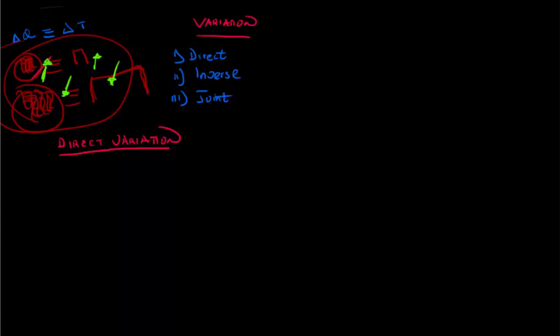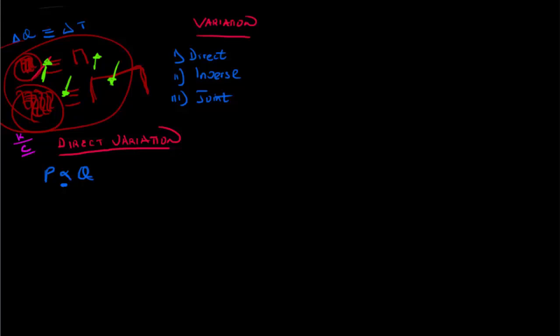To turn that statement into a mathematical expression, we'll have P ∝ Q. This symbol in the middle is what we call the proportional symbol. So P varies directly as Q. The next thing you want to do is to introduce the constant. Most times in mathematics, we usually use K or C to represent the constant.